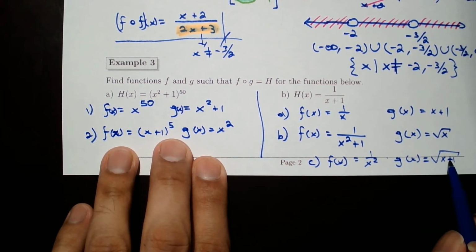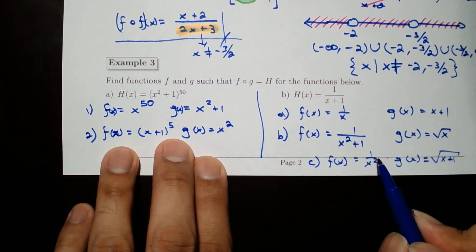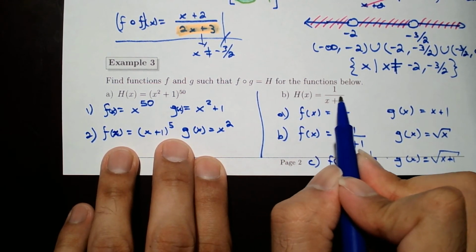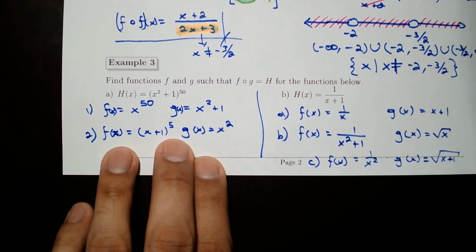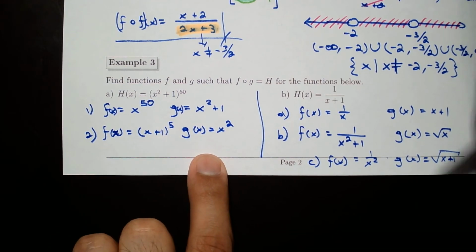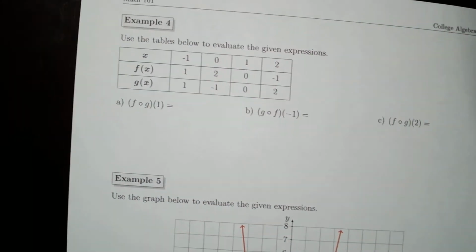What happens if you input x squared into the square root of x plus 1? The root with the power cancel, leaving us with the x plus 1 simply. So again, different possibilities. Okay, let's look at the next and last page of this handout.